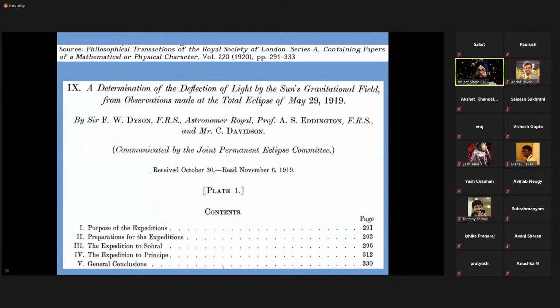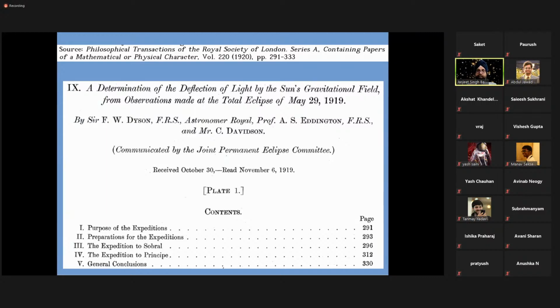So the full details of the expedition, the observations, calculations, and results were published in this paper in 1920, written by Dyson, who was the Astronomer Royal at that time, Eddington, who was by this time director of Cambridge Observatory, and Davidson, who was an assistant.